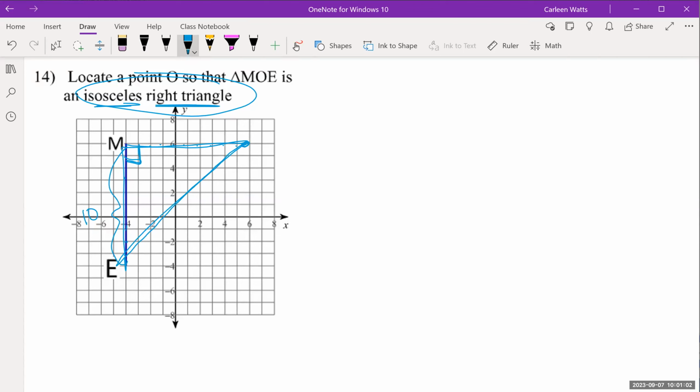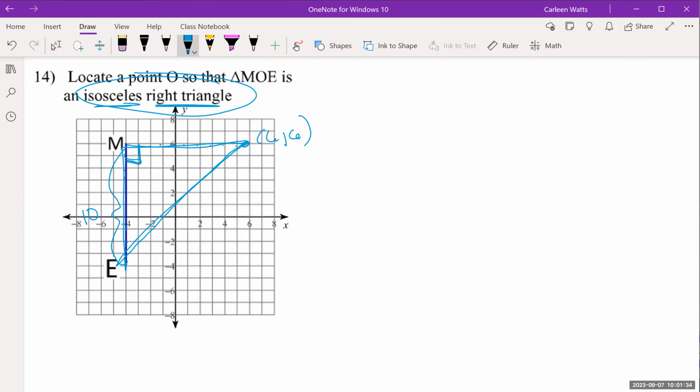We also have 6, 2. Now if I go over 6, 2 or 5, 1, 2, 3, 4, 5, 6. Yeah, there's my right angle.